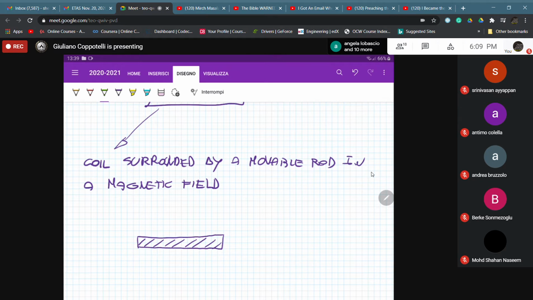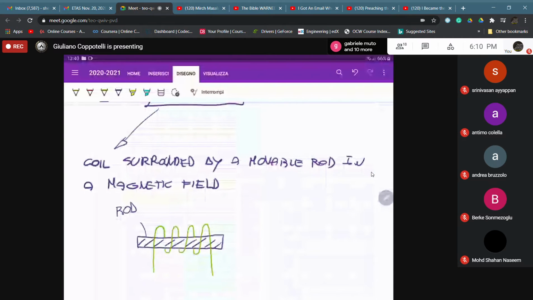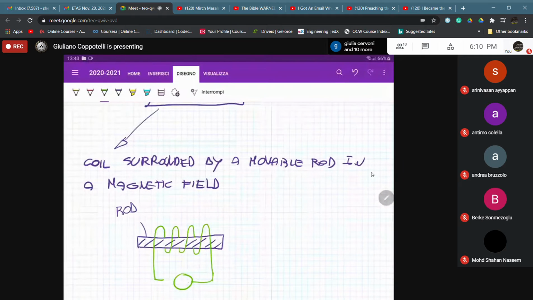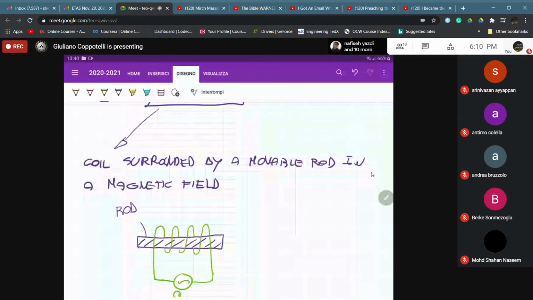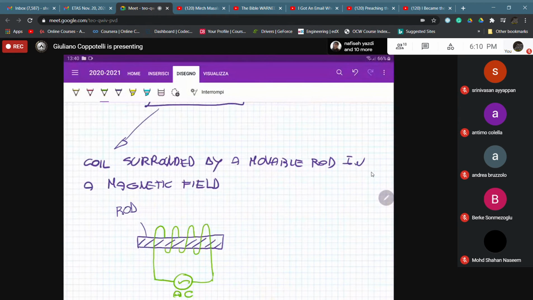So this is your rod, then the coil, like this, and this coil is controlled, for example, by an AC current that is representative of your shape.